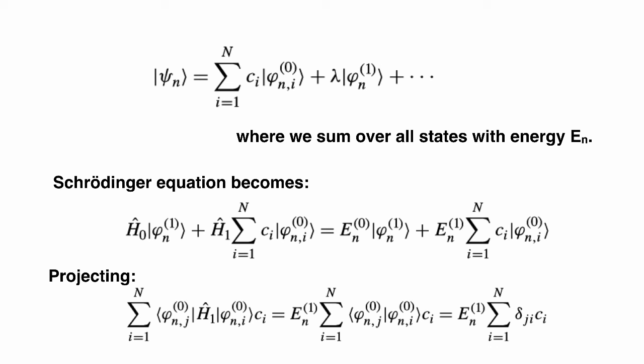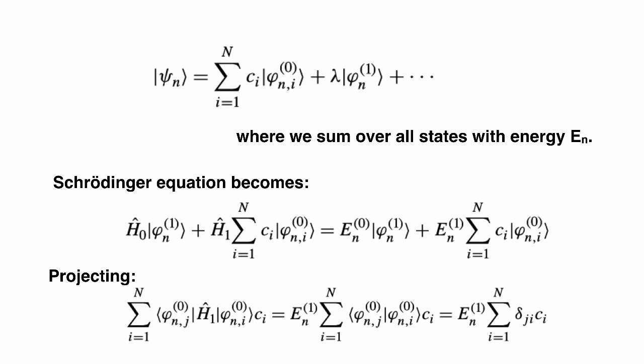Then we project that equation on any particular state phi n j, which is part of the subspace of the degenerate energy, and we end up with this equation we have there.